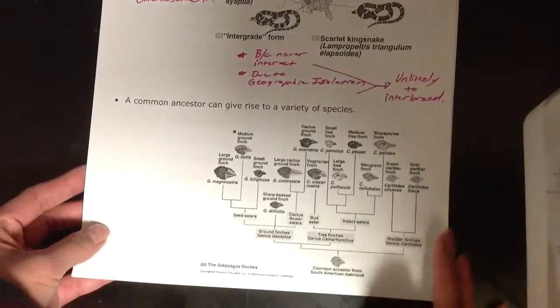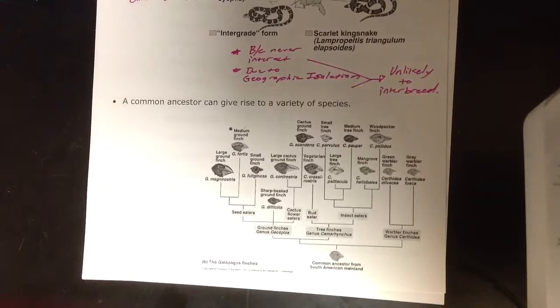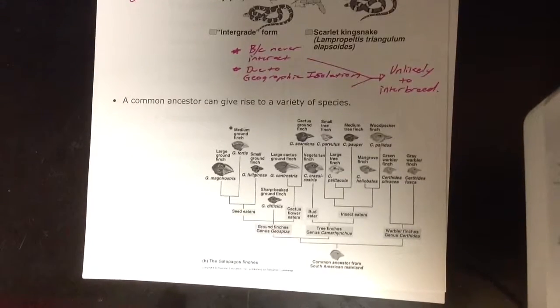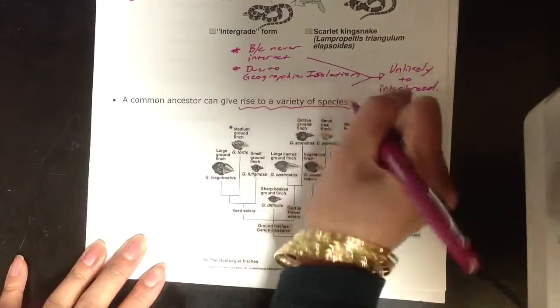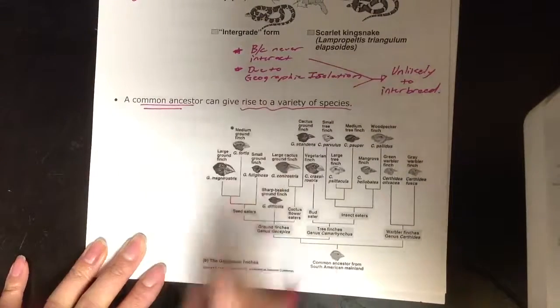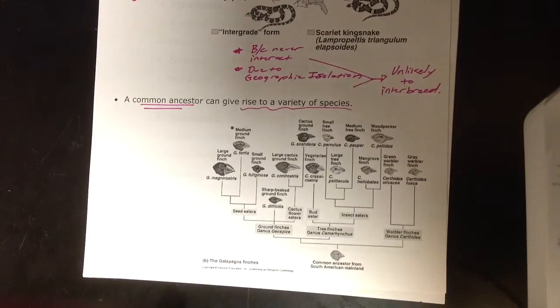At the bottom here, we're looking at one of the first examples that we saw with variation leading to speciation, or the rise of a new species. Oftentimes you'll see this happening with a common ancestor, and that's what we really focus on.